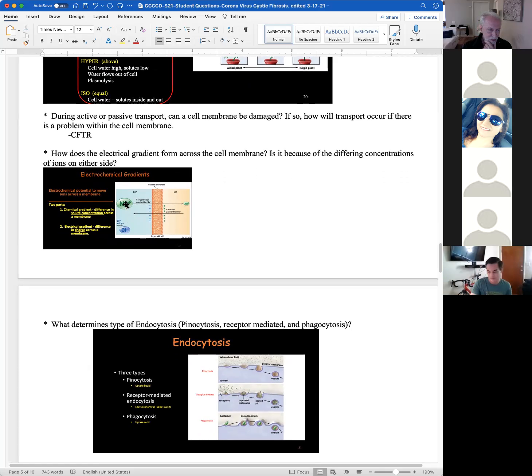Because sodium has a plus charge, and it's higher on the left than on the right, the left side of the membrane will be negative relative to the right side. So to look at it that way, the electrical gradient is a function of the chemical gradient.